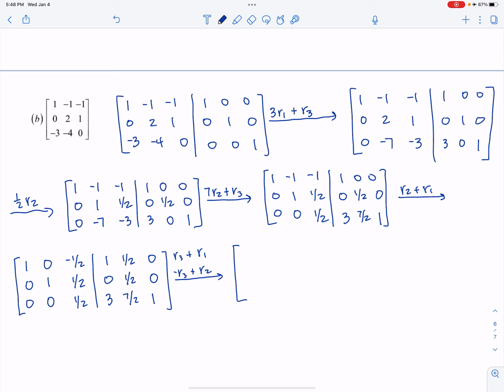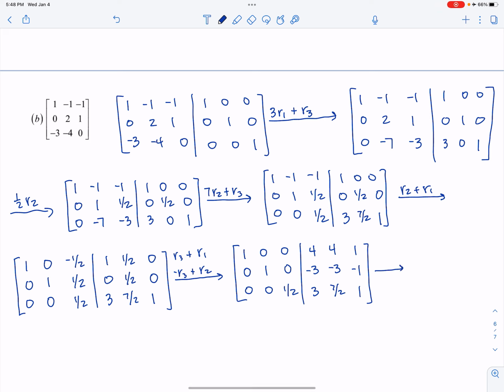Let's eliminate it while they're all a half. 1, 0, 0, and then 4, 8 over 2 is 4, 1, 0, 1, 0, negative 3, negative 7 plus 1 is negative 6 over 2, negative 1, 0, 0, 1 half, 3, 7 over 2, 1.